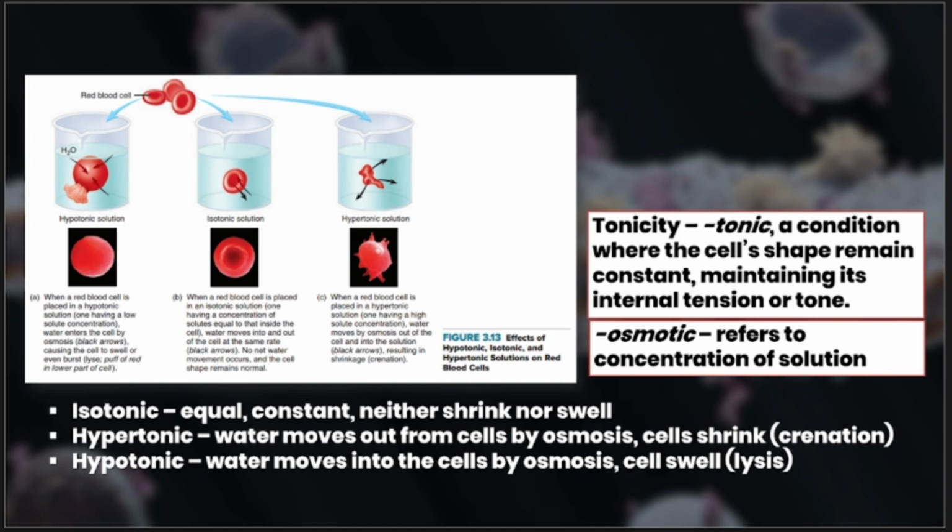Therefore, the red blood cells or erythrocytes would shrink, or there is crenation. And if it's hypotonic, water will move into the cell by osmosis. Therefore, there is swelling, or in the worst case scenario, the cell will burst, or there is lysis in a hypotonic solution.